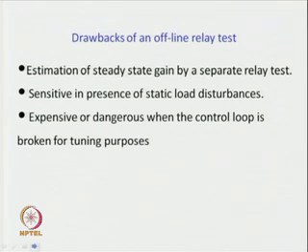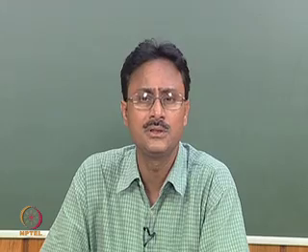Now, drawbacks of an unpline relay test. What are the drawbacks an unpline relay test has? Using the describing function, the relay test is found to give us only two analytical expressions. Therefore, two unknowns of the transfer function model can be estimated.